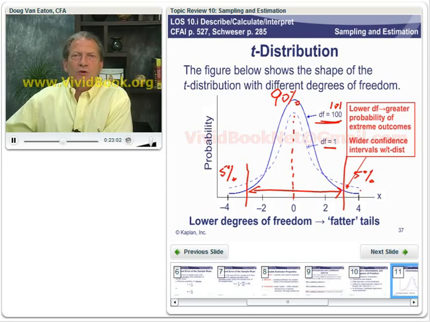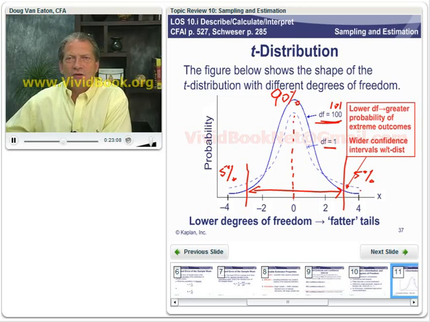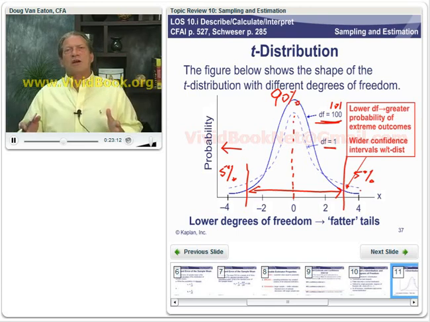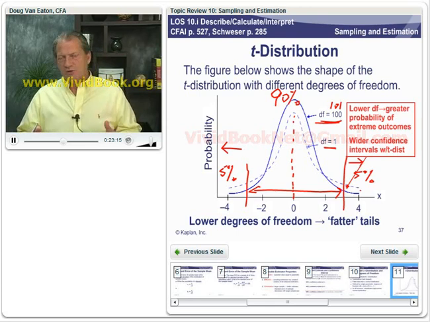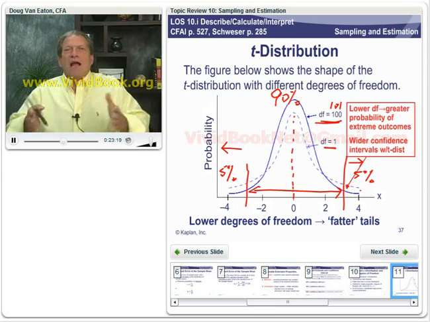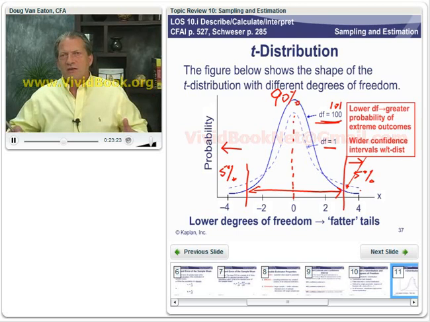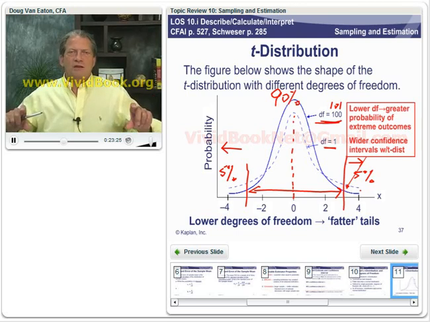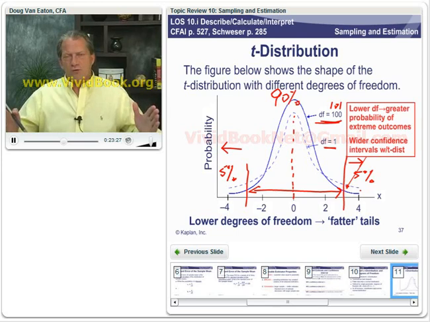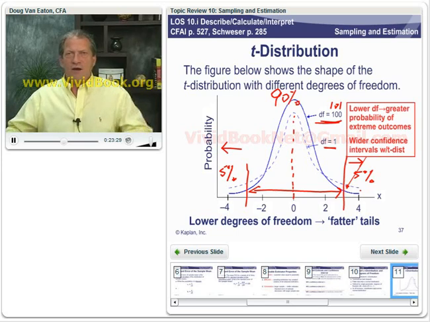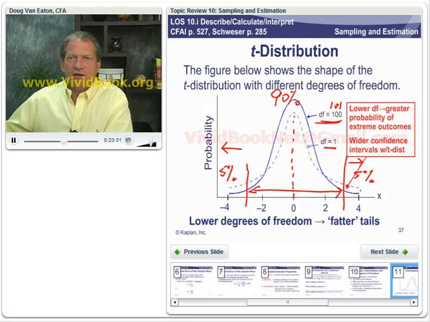So for degrees of freedom equal to 1, what happens to my confidence interval? It gets larger. I've got to take a larger interval to make sure I've got 95% of the observations in that interval. When the tails are fatter, it's got to be wider. Because remember, we just want 5% in each tail. So with fatter tails, we've got to move out further to get down to 5% in each tail.